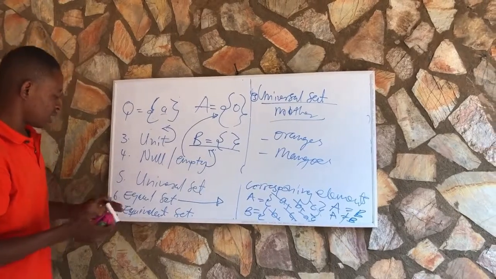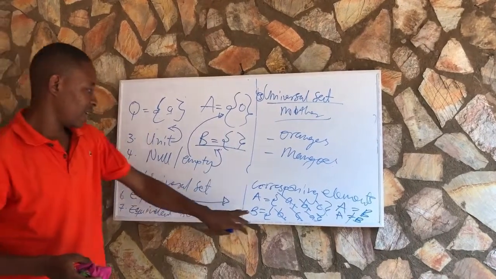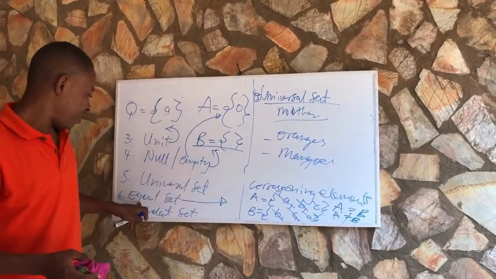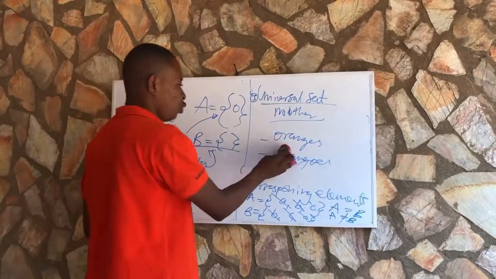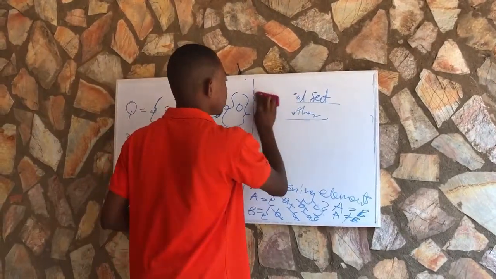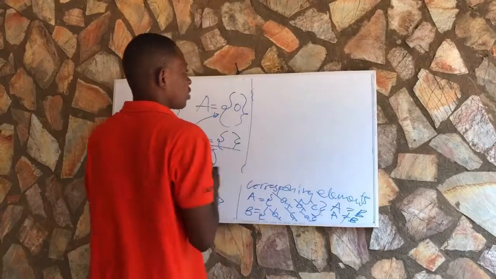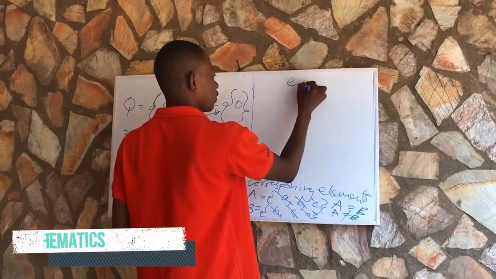Okay, so based on the knowledge we have from equal sets, let's try and look at this example.